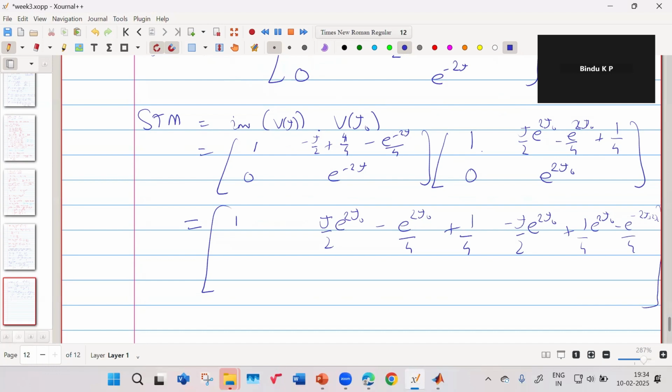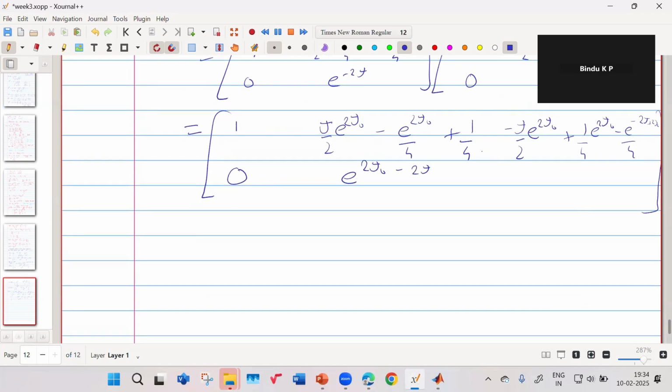So this is one side. Now 0 into this is 0, and 0 into this is 0. This is e to power minus 2t into e to power 2t0, so it is e to power 2t0 minus 2t. So our state transition matrix effectively becomes 1, 0, t by 2 e to power 2t0 minus e to power 2t.